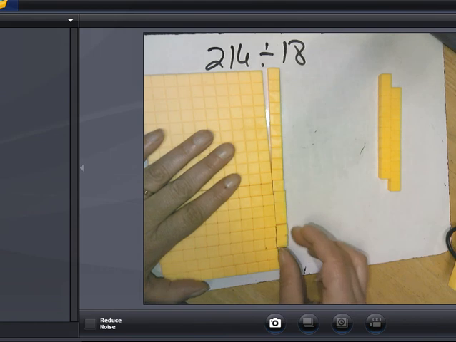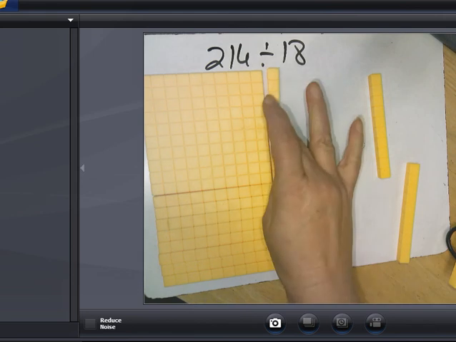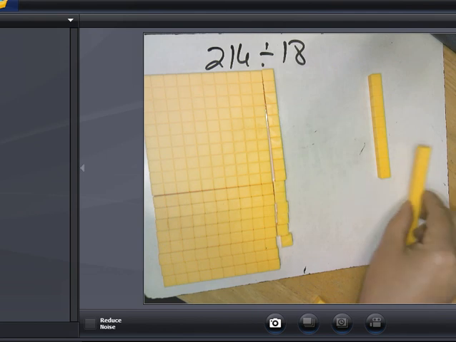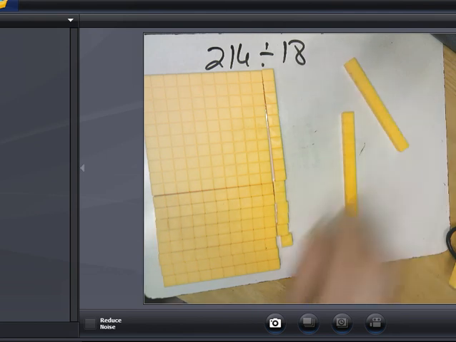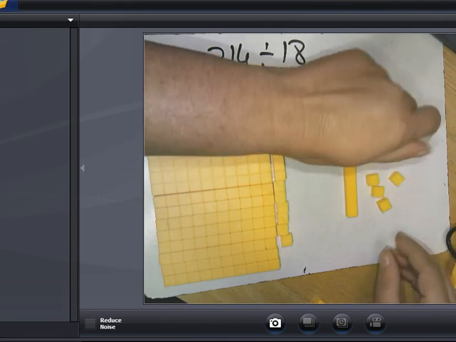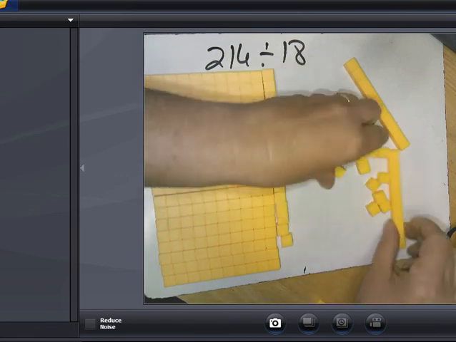So what am I going to do with this one? I'm going to do an exchange. So if I exchange this one, I'm going to have 10 more. 5, 6, 7, 8, 9, 10. Okay. In this place, I'm going to do those.